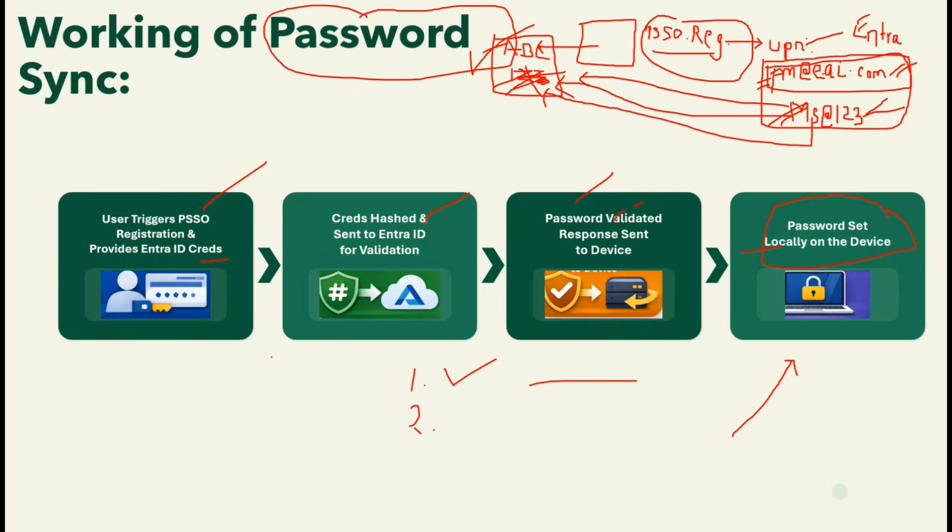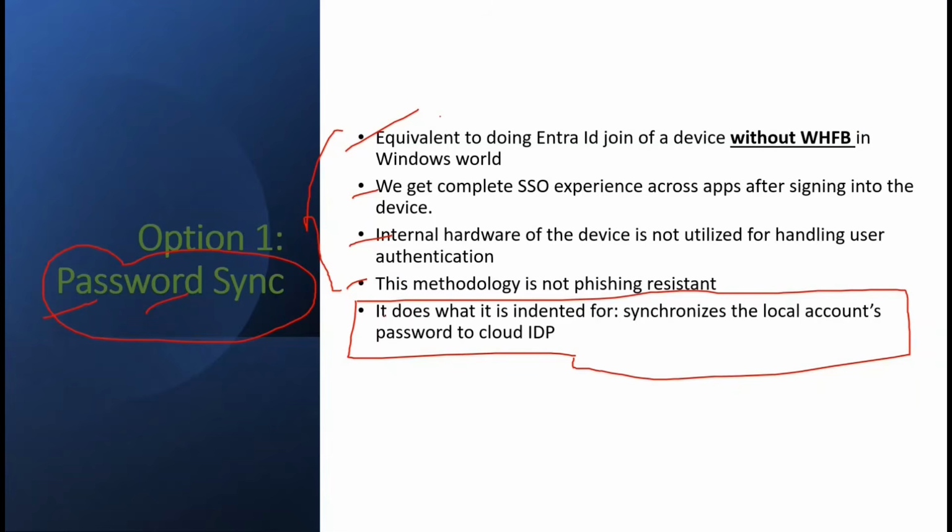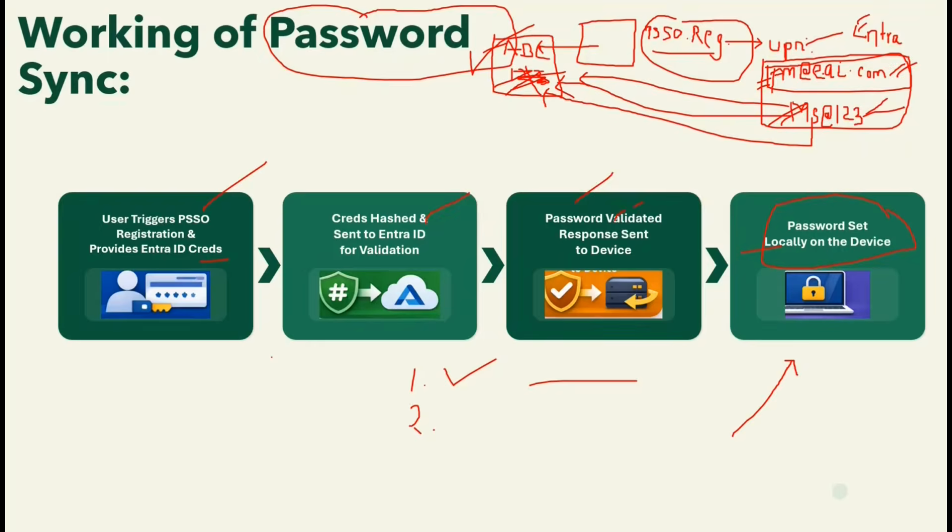Now let me just go back to the previous slide, and now I think this point will make more sense. What option 1 or password sync does is what it is intended to do. First, it provides us the SSO experience on the device, and second, it synchronizes the local account's password with the cloud IDP, meaning it synchronizes the password of the local account with the password of the UPN that was used to do the PSSO registration.